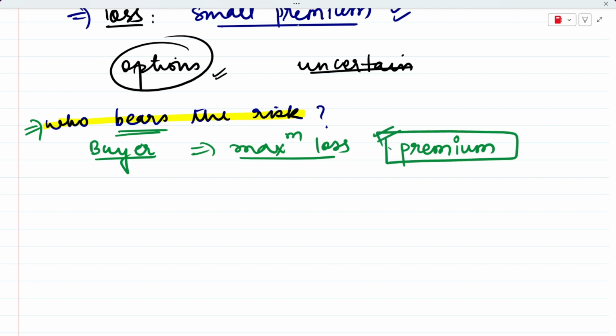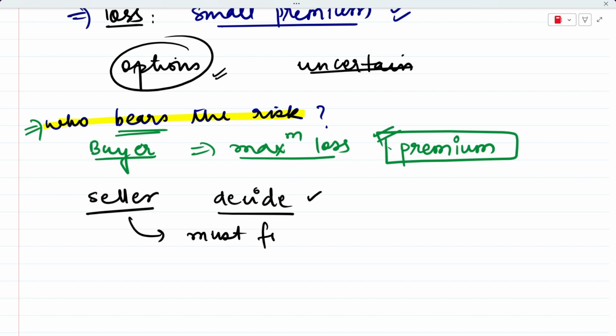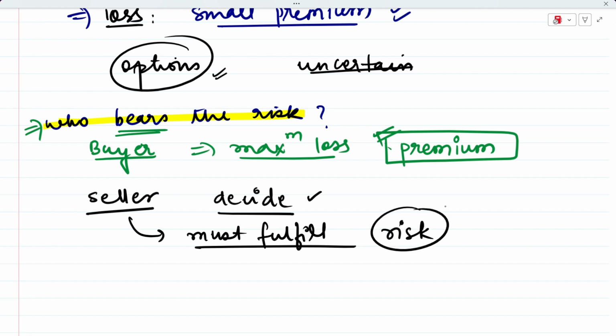That's it. And what happens to the seller of the option? Imagine you are the seller of the option. If the buyer decides that they want to exercise, the seller must fulfill the contract. The seller is bound to fulfill the contract because the buyer decides to exercise their option. So the seller takes on the risk in exchange for receiving the premium.